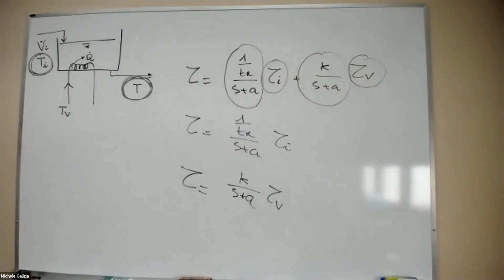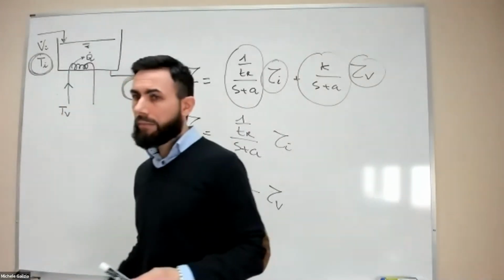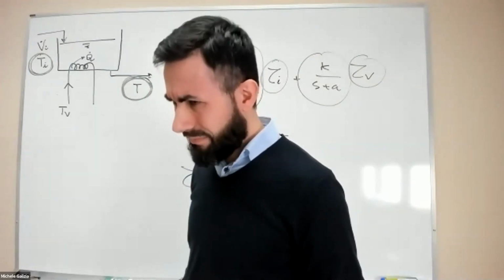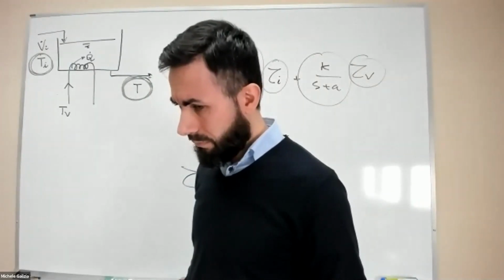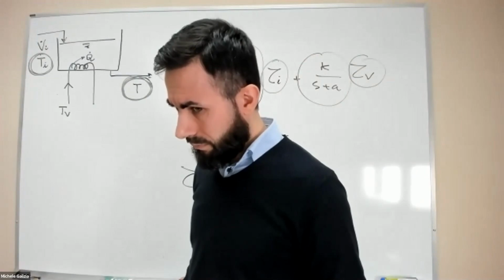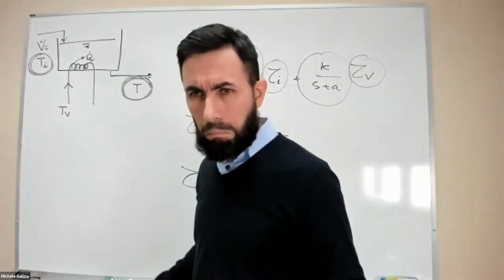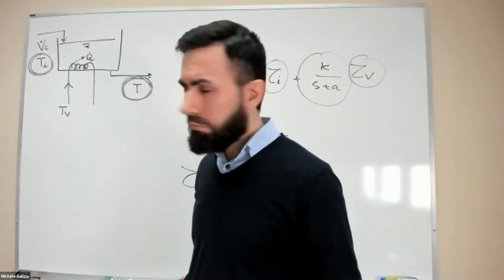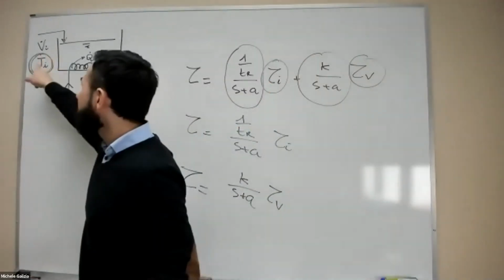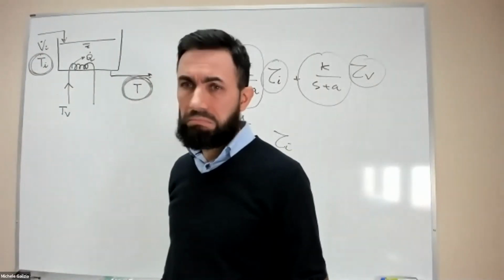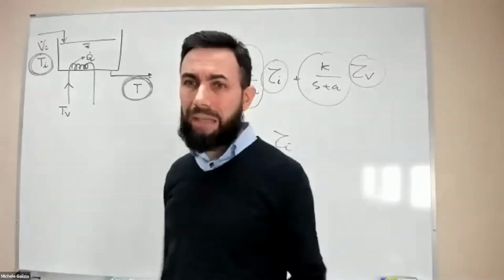Can I ask a question? Sure. Will we ever see a situation where a disturbance in one input results in a disturbance in the other input, like related functions? No, TV and TI are not related to each other. They are independent inputs.